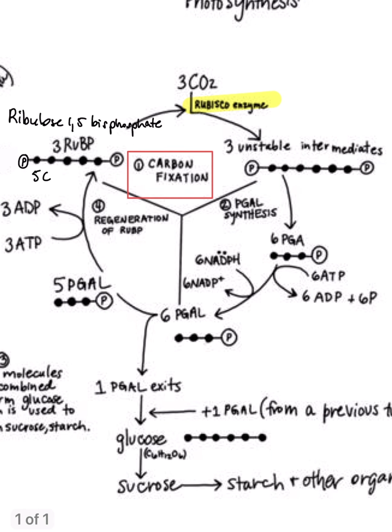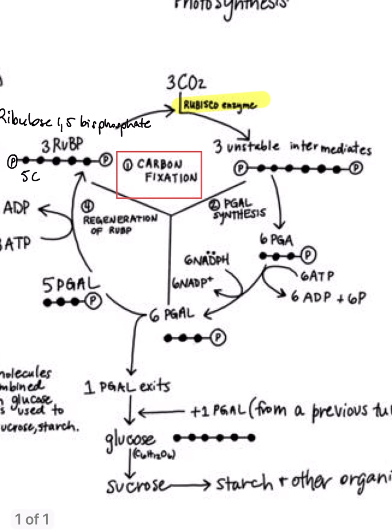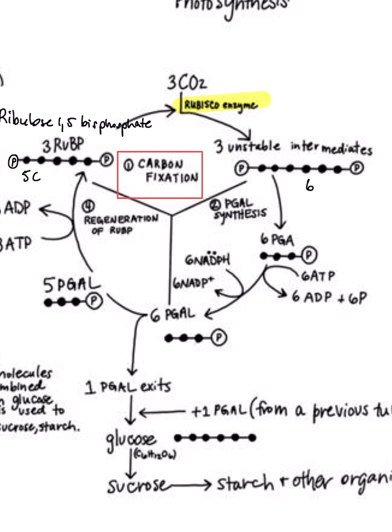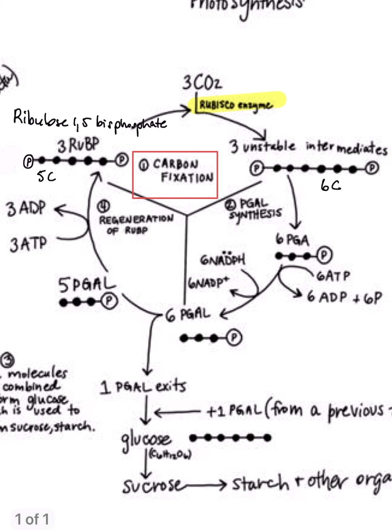So that is step one, and it will form for us 3 unstable intermediates. These are unstable because they have 2 phosphates attached to them. This is a 6-carbon molecule, of course, because 1 carbon went in with the RUBP, and now we have a 6-carbon molecule. And on each end, there is a phosphate group attached.